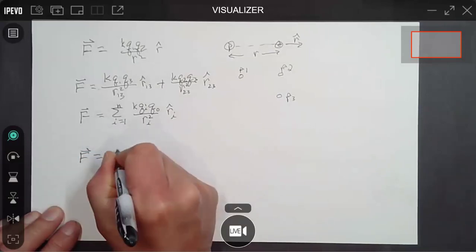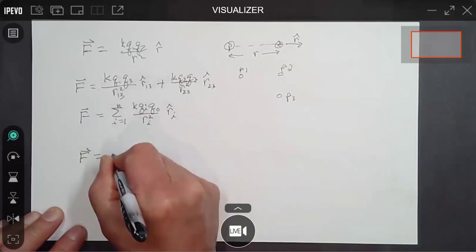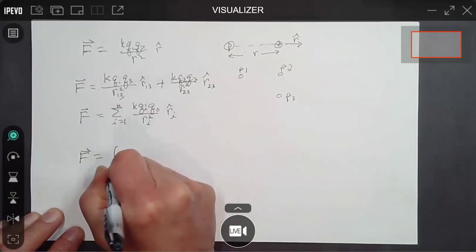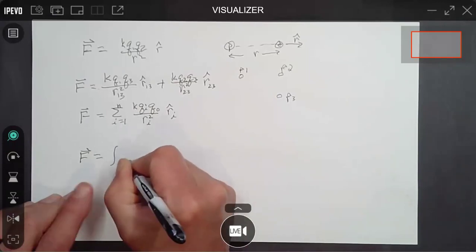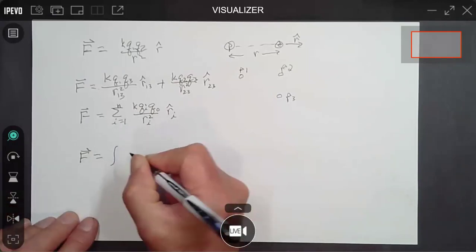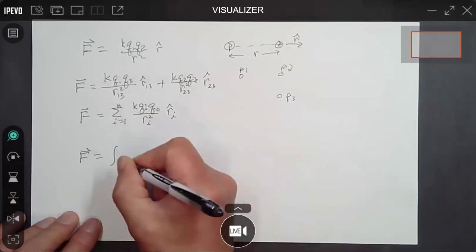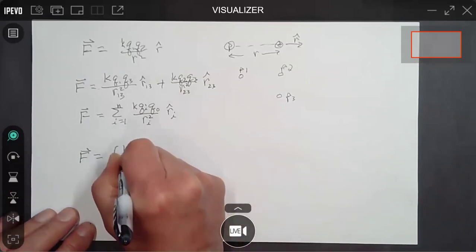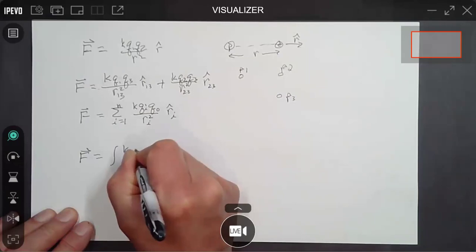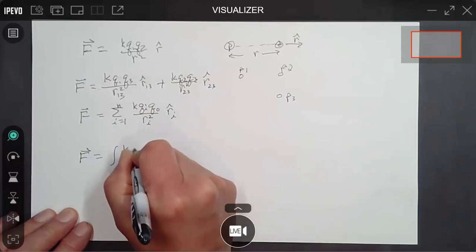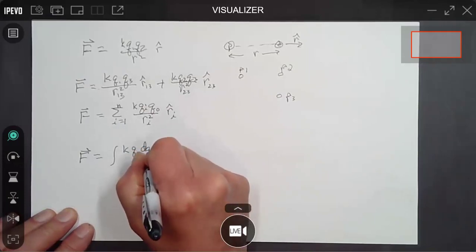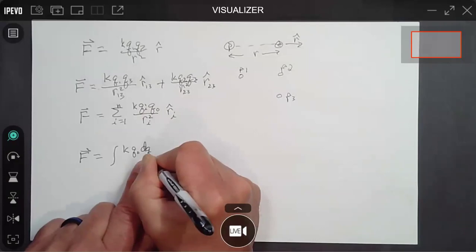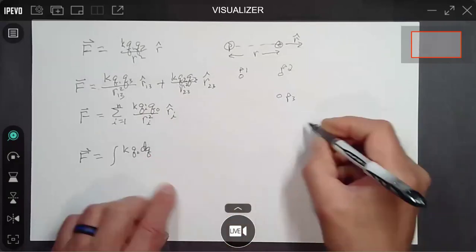In that case, instead of having a sum, we actually would have an integral, and we did something like this. We integrate over some uniform or continuous charge distribution. In that case, we'd have k times our little particle q naught, times some dq, which is going to be a little chunk of charge in the charge distribution.